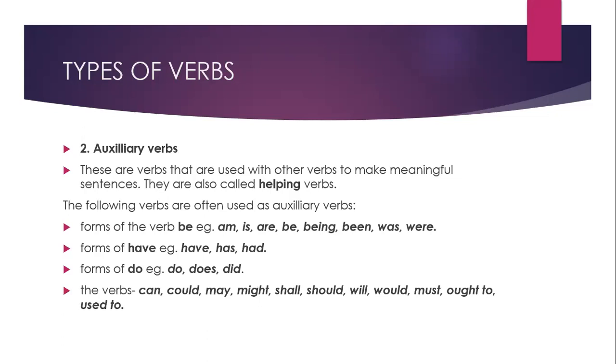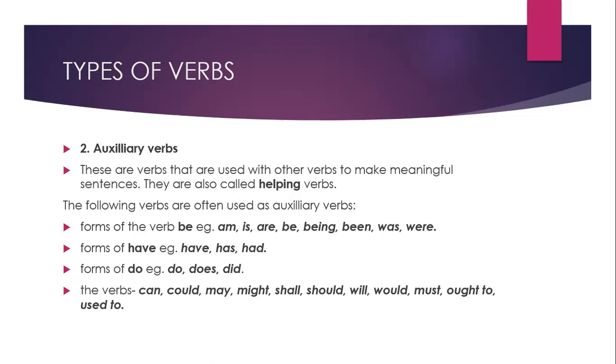Then we have some verbs we also know as auxiliary verbs, also known as helping verbs. These are the verbs that cannot stand on their own, auxiliary, okay? They usually are there with the main verb. Auxiliary verbs are all the forms of the verb to be.